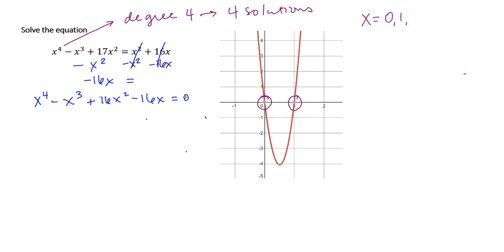Okay, I'm going to use a synthetic method. This one you could factor. You would start with a GCF, and then it's 4 terms. I don't care how you solve it. I'm going to use synthetic division on this just so you can practice what we were doing before.